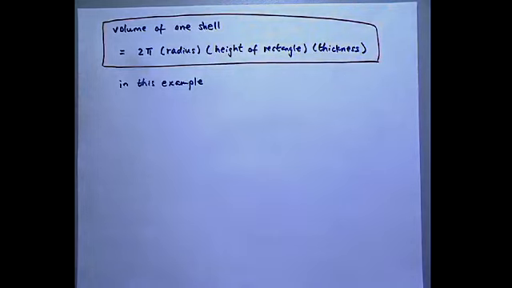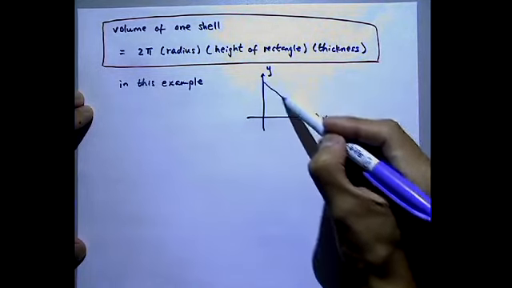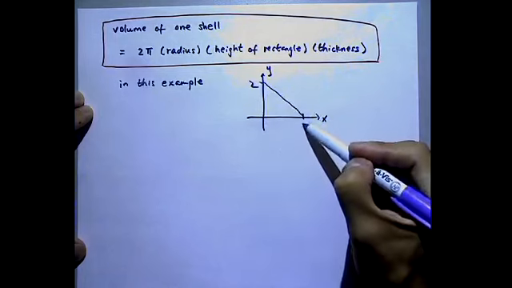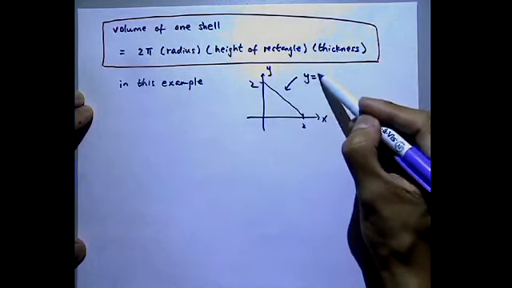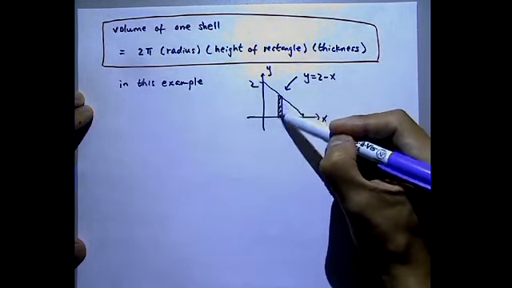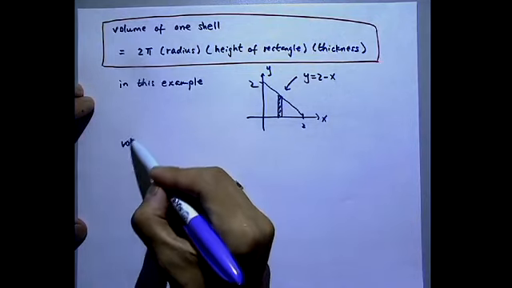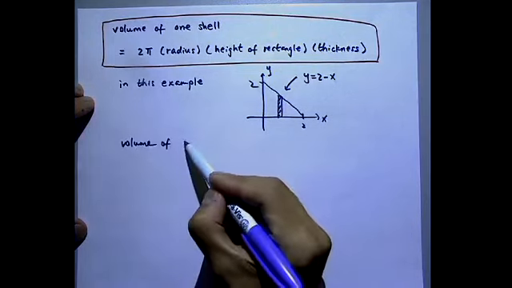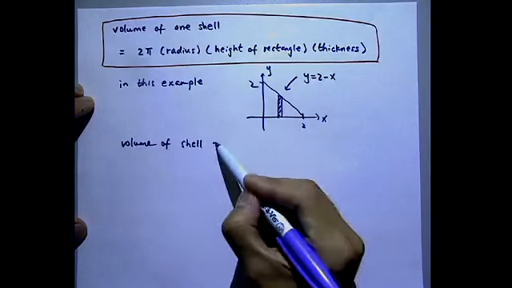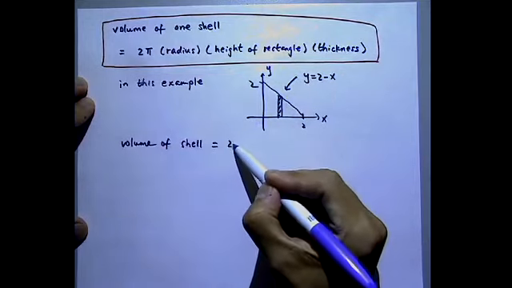Okay, let's look at our cone example here. The line at the top. This is 2. 2 minus x. And here's some arbitrary rectangle that turns into a shell. Let's find out what this looks like. We have our 2 pi.